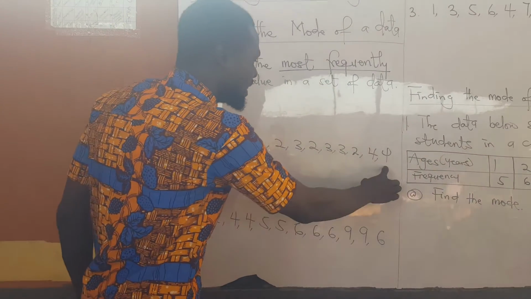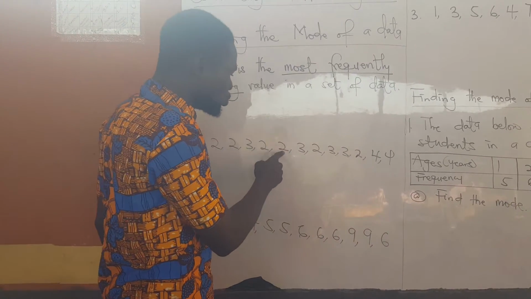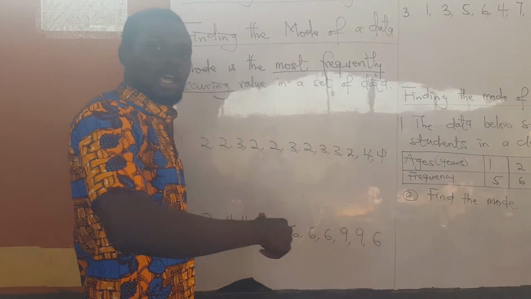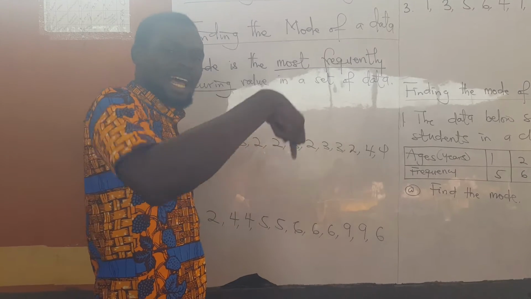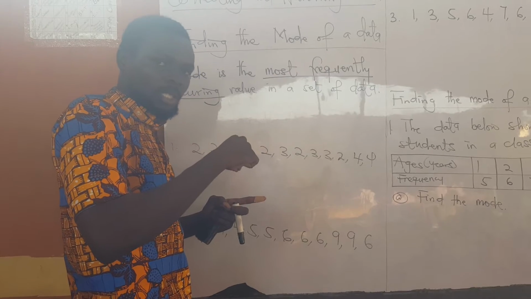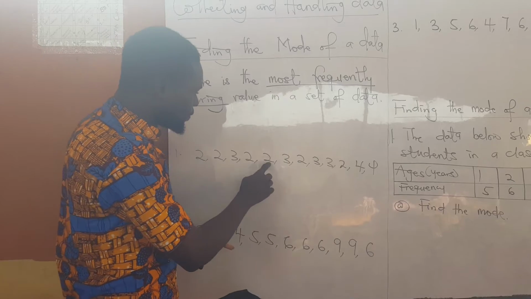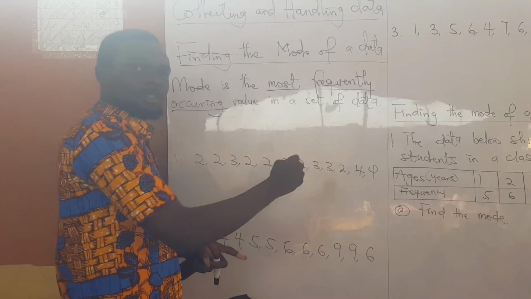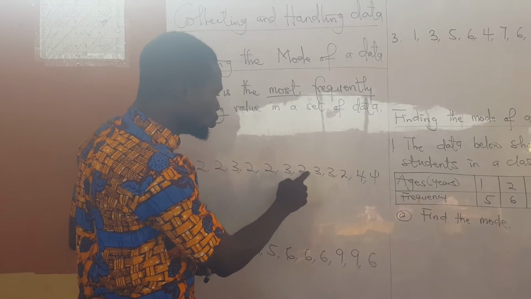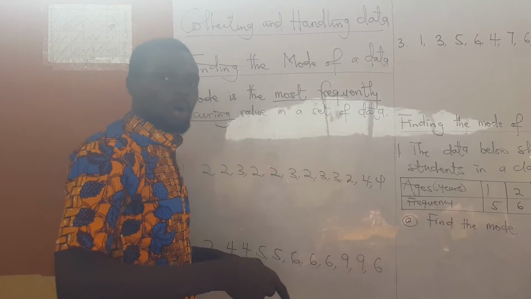So when you look at this data, which number occurs most? You have 2, 2, 3, 2, 2, 3, 2, 3, 3, 2, 4, 4. Which of the numbers here occurs most? That number which occurs most is our mode. So we have 2: 1, 2, 3, 4, 5, 6. The 2 are 6. And the 3 we have 1, 2, 3, 4. The 3 are fewer, and we are having more of the 2.